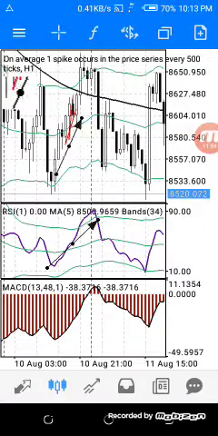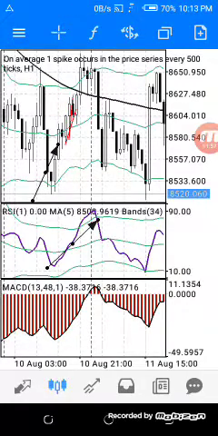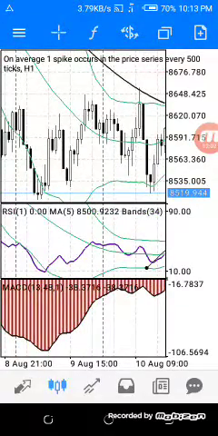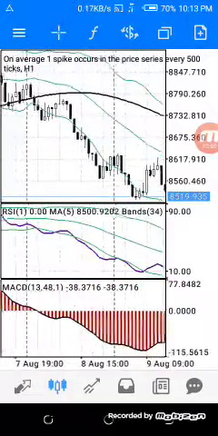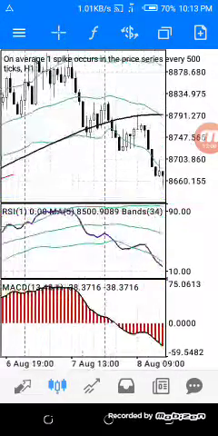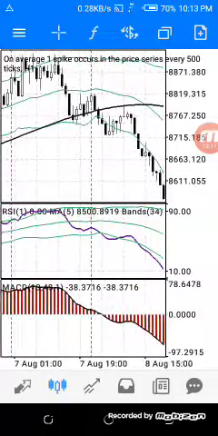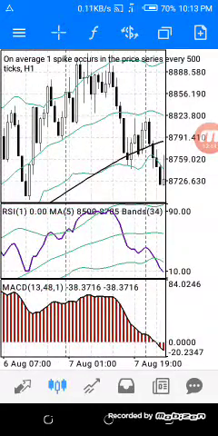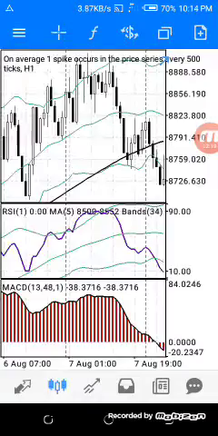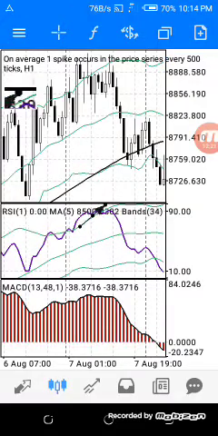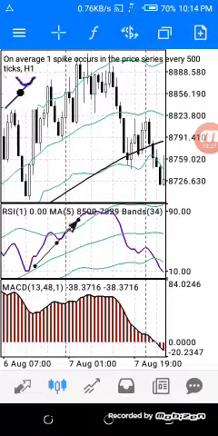Now I'm going to show you another example, guys. Since we are looking for only sell signals for daily and weekly, another sell signal is here. Here price moved and broke through this, then it came here to enter into the Bollinger Band.